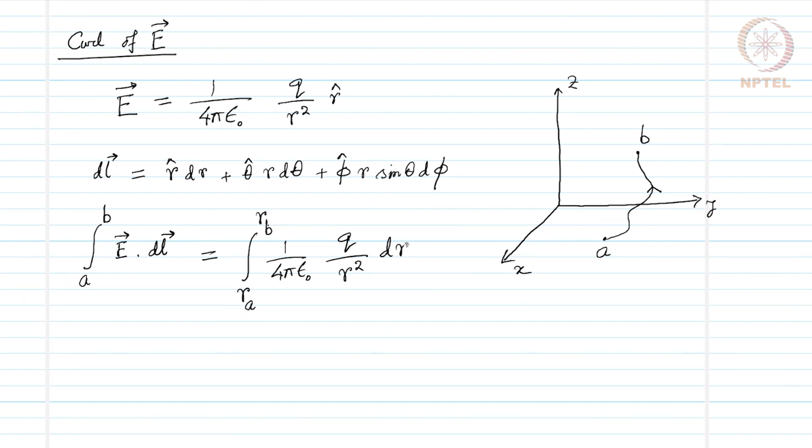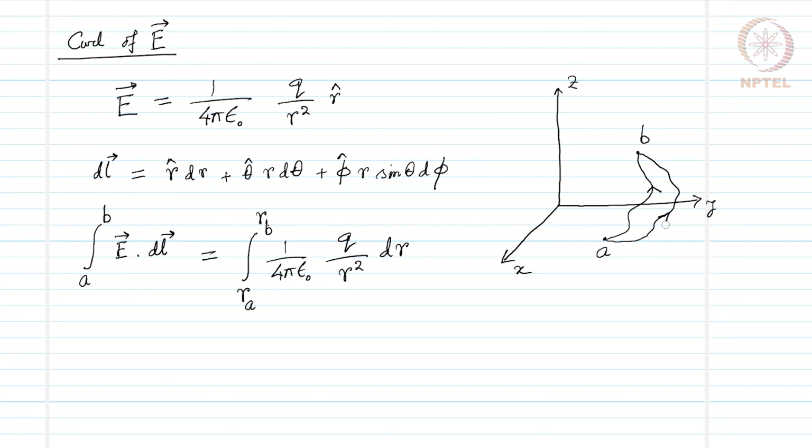This will be the integral, and that means this integral does not really depend on which path we choose. If our path were something like this, even then we would have got the same value of this integral.